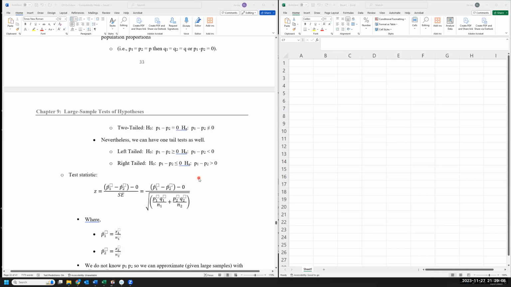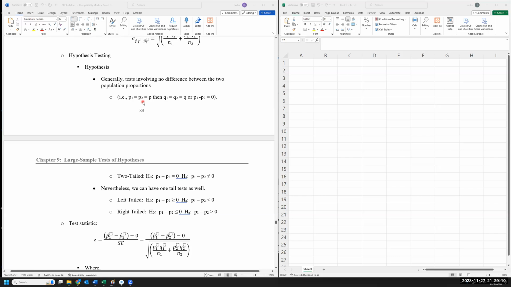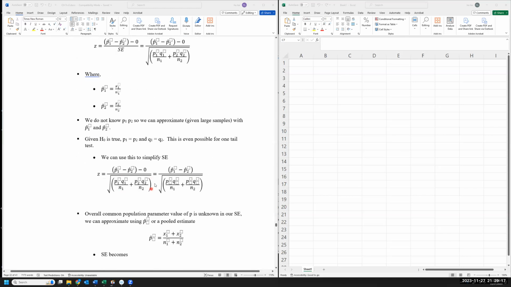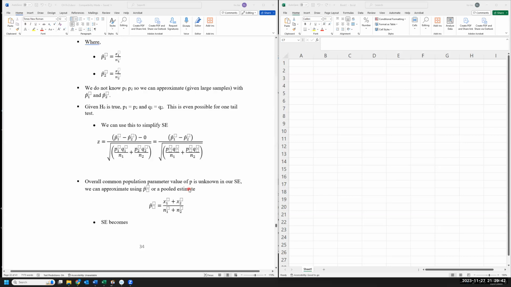And we said P1 is equal to P2 is equal to P, and Q1 is equal to Q2 is equal to Q. And we're going to substitute that in here into the bottom right here. And we get P times Q divided by N1 plus P times Q divided by N2. And you add them together and square root it, okay? So this supposedly simplifies it. I don't know. When I do it, it's about the same level of difficulty or whatever, okay?